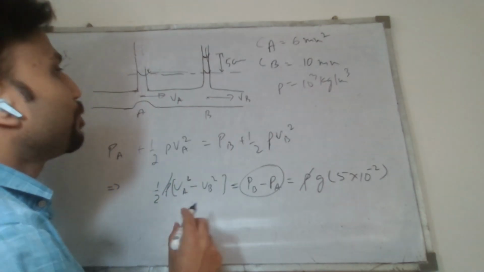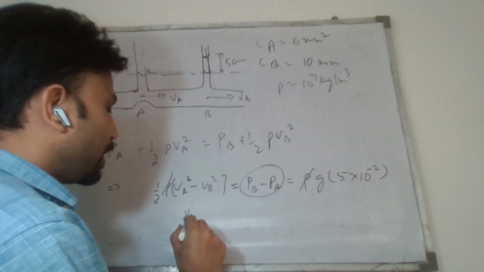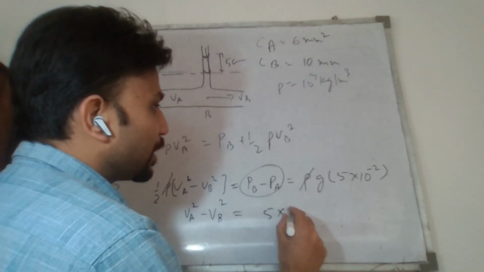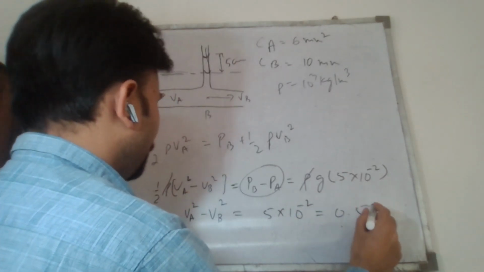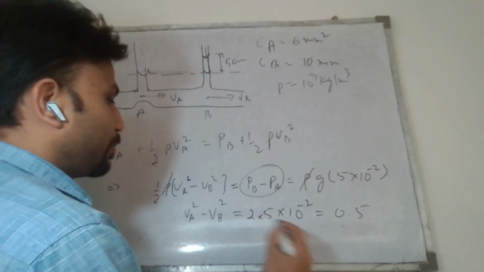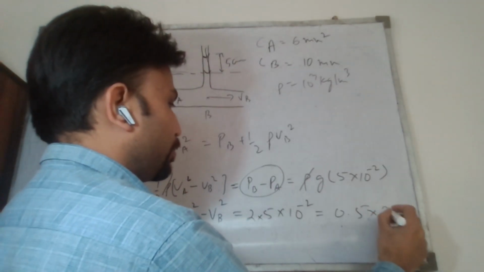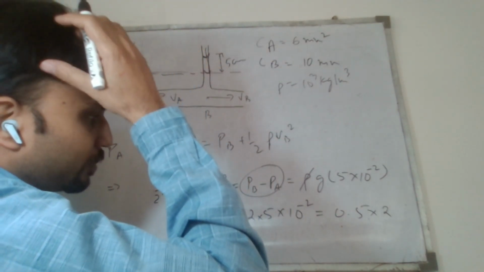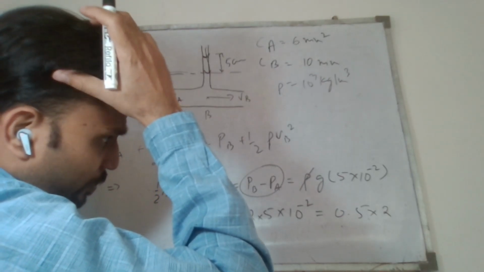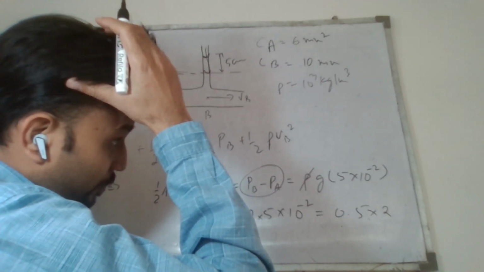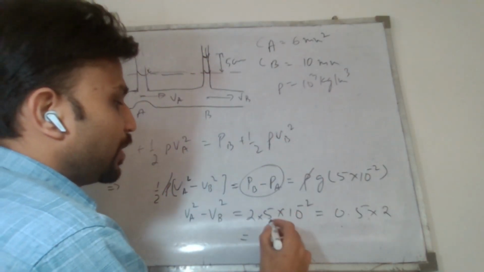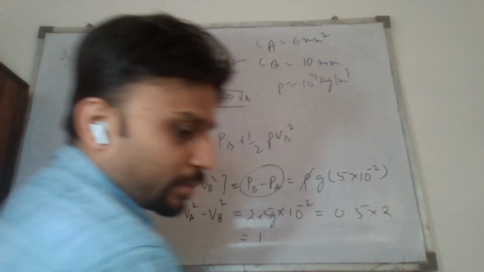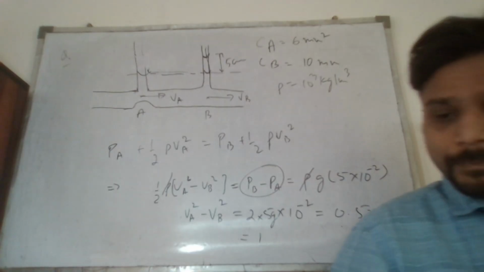So VA square minus VB square is equal to 0.5 into 2, into g. So this is 1 only. VA square minus VB square.